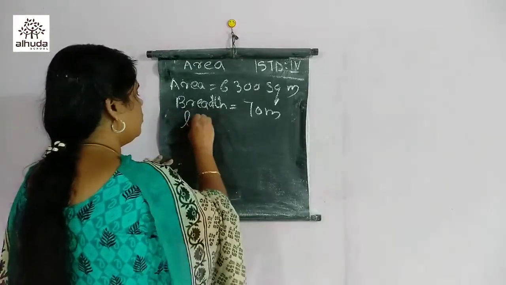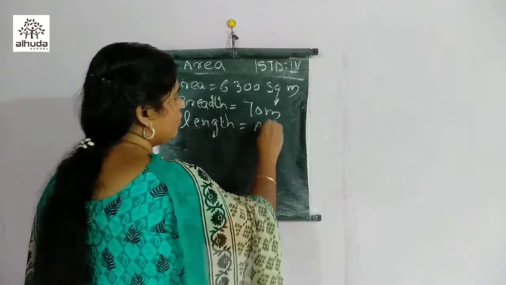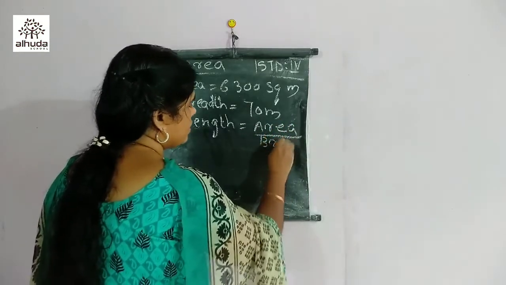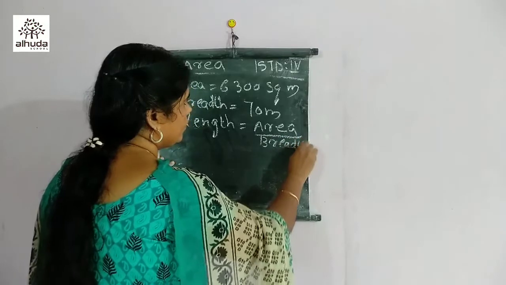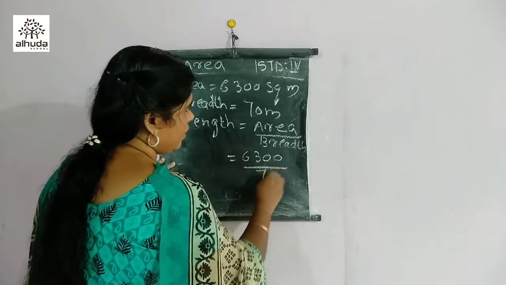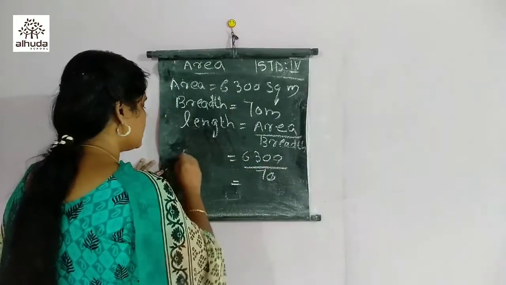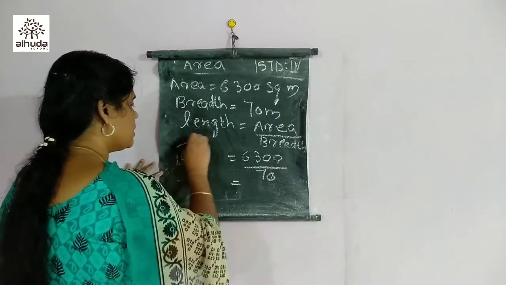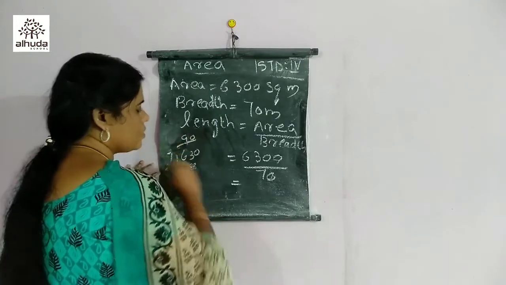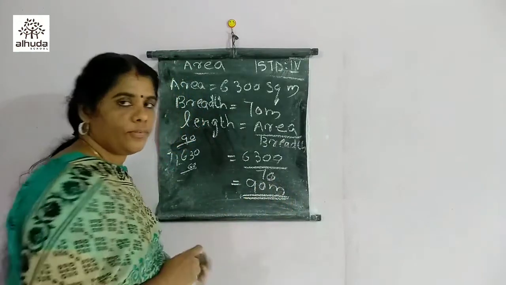So length is equal to area by breadth. We should divide area by breadth, that is 6300 divided by 70. The 0 0 cancels, so 630 by 7 is 90. So 90 meter is the length of that figure.